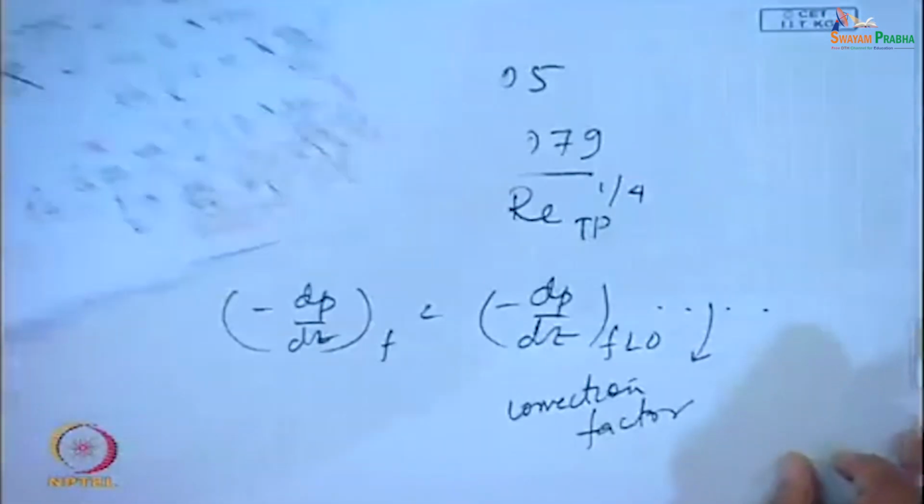Agreed? Now, there is one more important thing that I would like to say. Very frequently we would like to express the two phase frictional pressure gradient in terms of a single phase frictional pressure gradient and some suitable correction factor. Why? Because single phase pressure gradient is very well known.